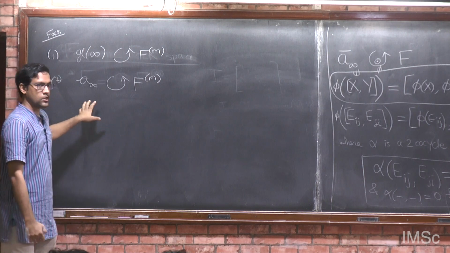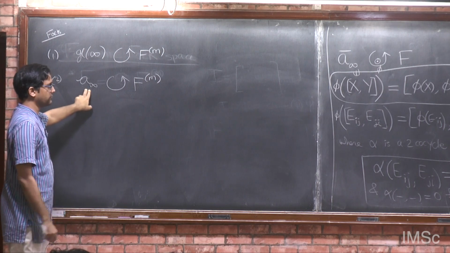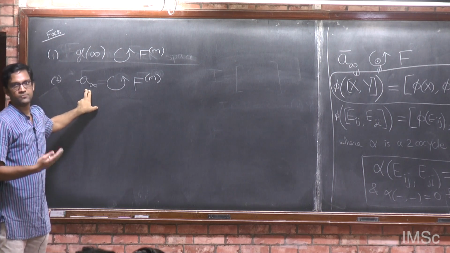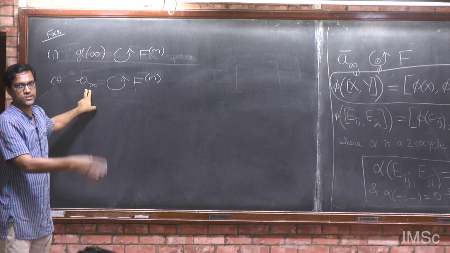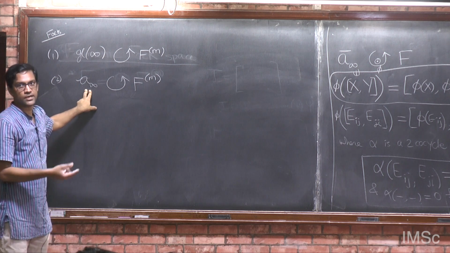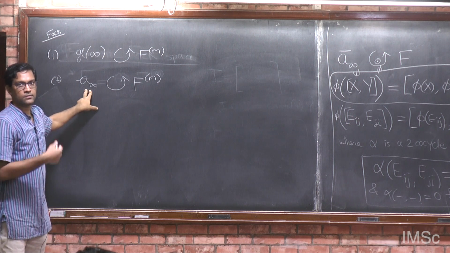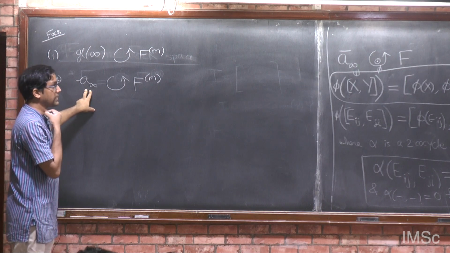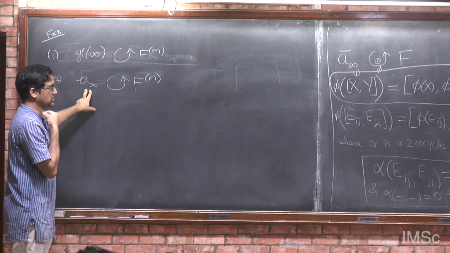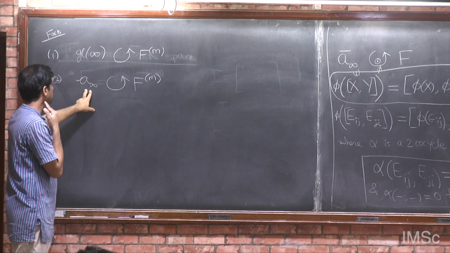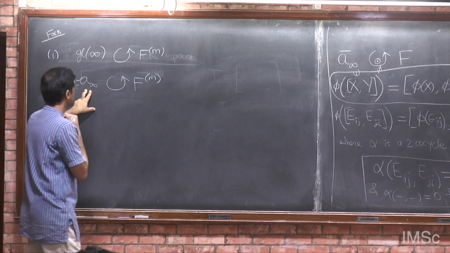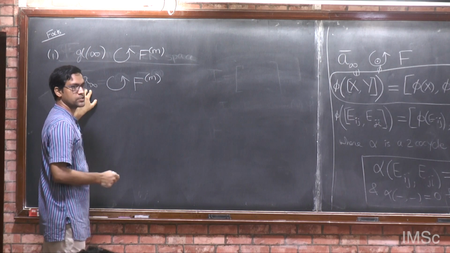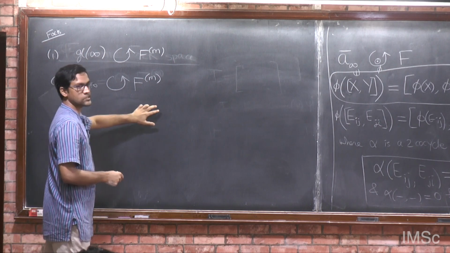Why? Because let's look at the action. If I take an off-diagonal guy, that action was the same as the old action of GL infinity, essentially extended to the infinite case. That preserved charges, and the new action only kicks in when you take the diagonal elements. What does it do? It gives you the sum of the A_i's on the electrons minus the A_i's on the holes, times the original psi.